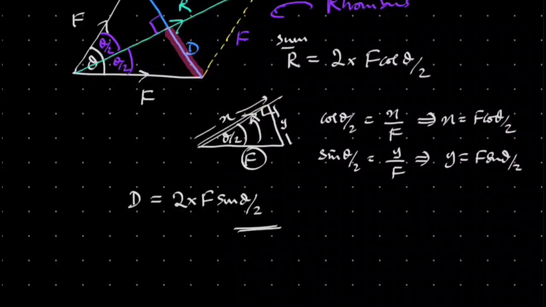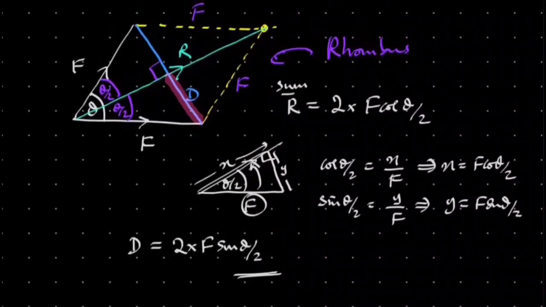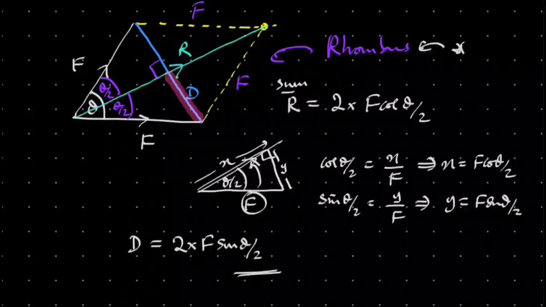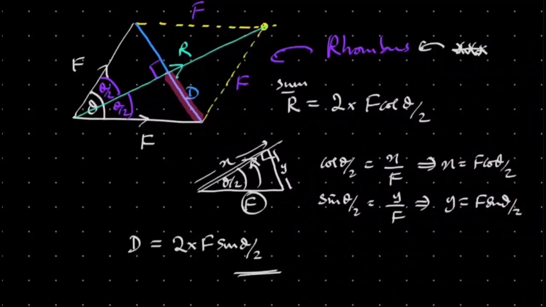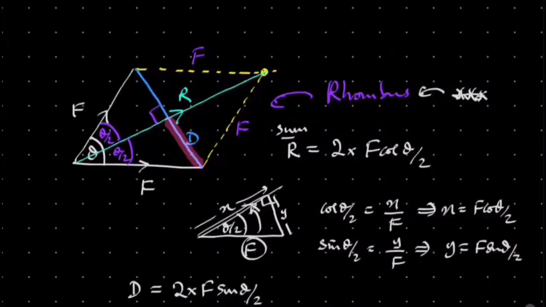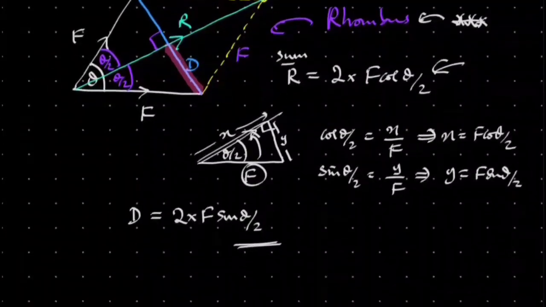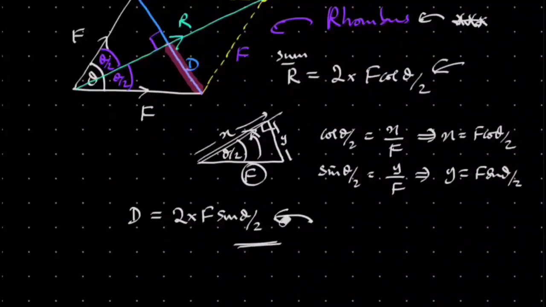Now go back and try to think about the different ways that we used to get to the answers. Here the magnitudes I found using geometry and the special properties of the rhombus. I thought about the properties of a general parallelogram and special properties of a rhombus, which allowed me to calculate the values for the sum and the difference.